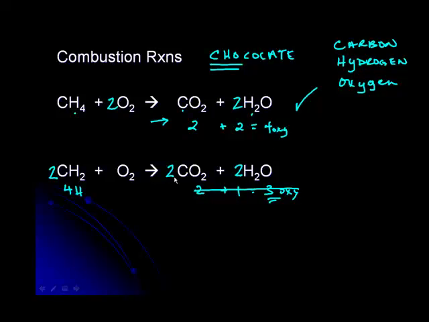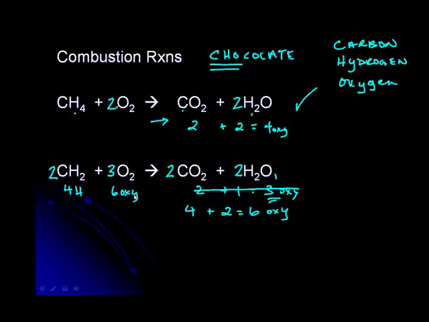Now let's count up my oxygens again. 2 times 2, that's 4 oxygens, plus 2 times my invisible 1, that's 2 oxygens. That gives me a total of 6 oxygens. Now I can make the right number of oxygens on the left-hand side. 2 goes into 6 3 times. So now I have 3 times 2.